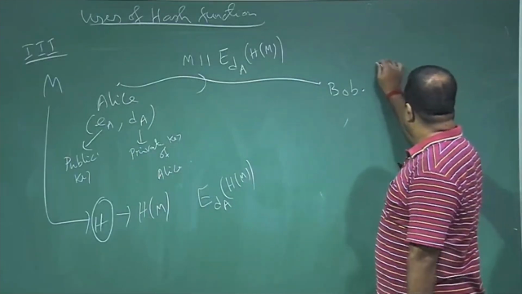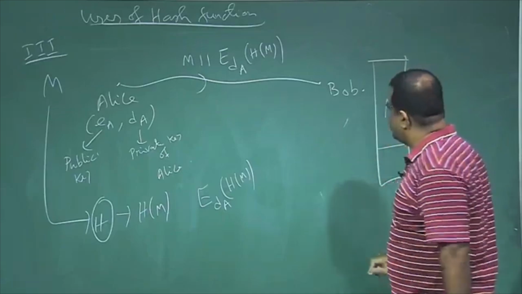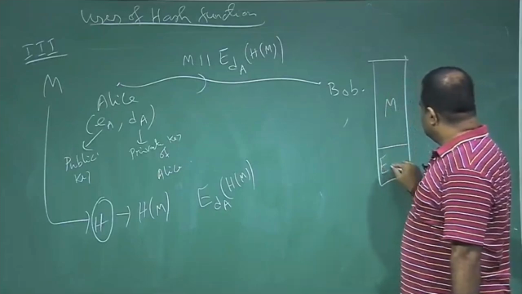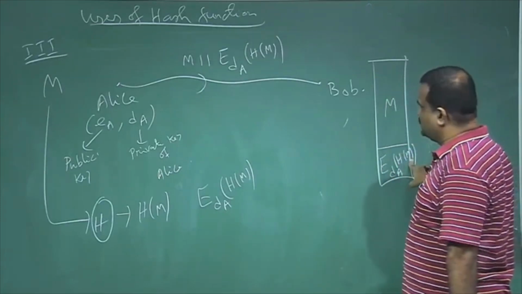So, how will Bob verify that the message is coming from Alice? Bob is getting this message along with Alice's signature on the hashed value of this message, which is reduced size.